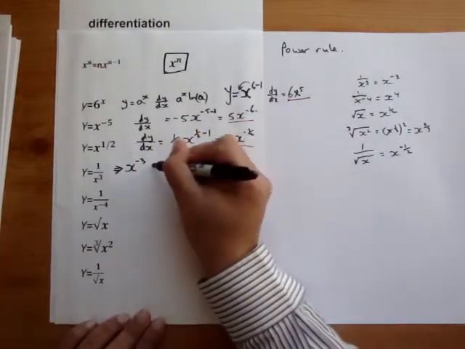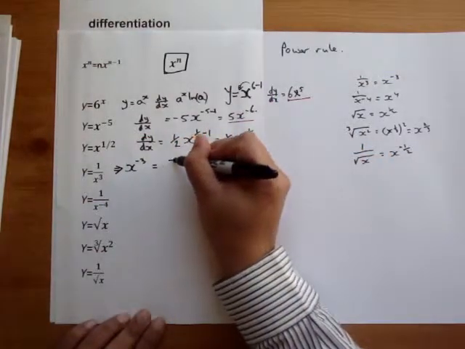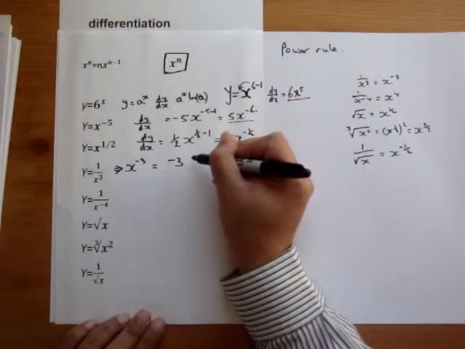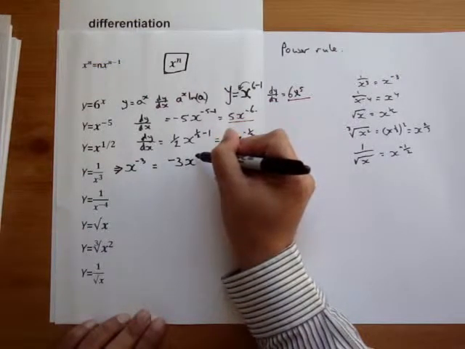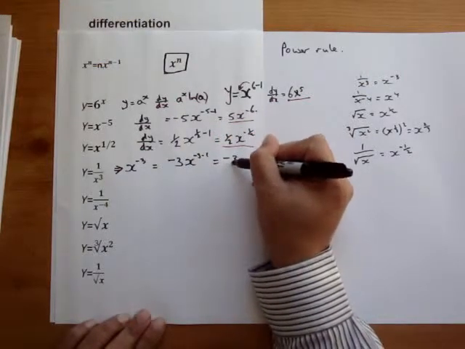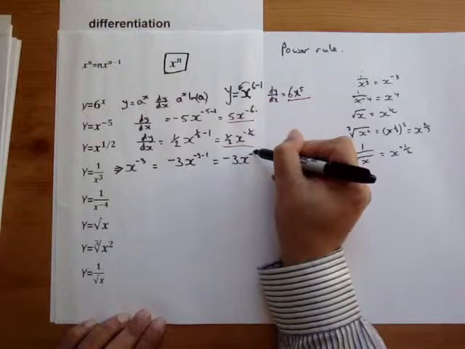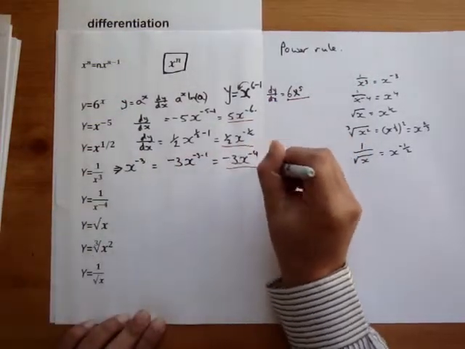X to the minus 3. Now we can apply the power rule. Bring minus 3 down. X to the minus 3 minus 1, minus 3x to the minus 4. And that is our answer.